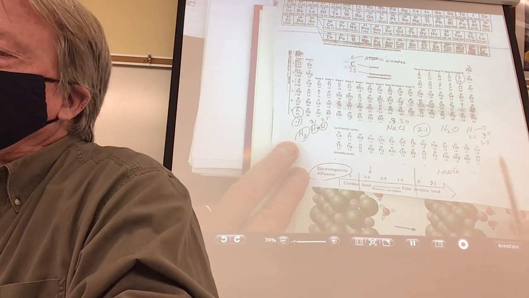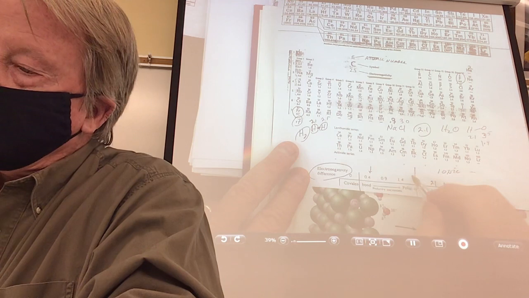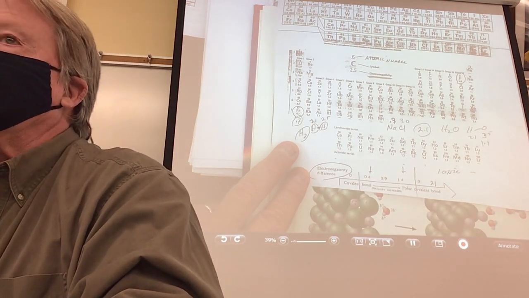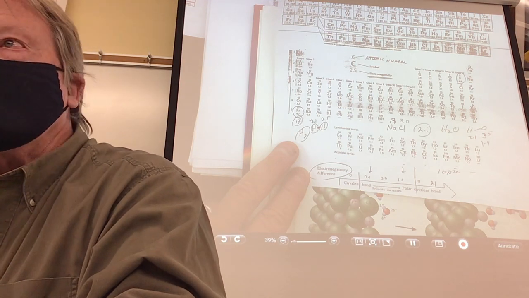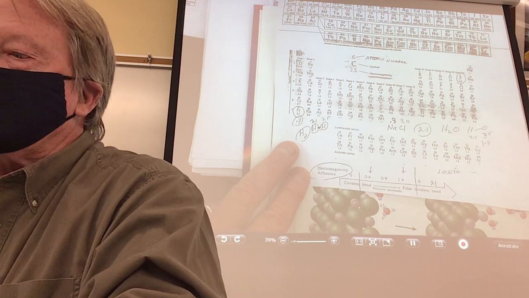Okay, 3.5. Is it a 1.4 difference? I'm up there. Now, even though in 10th grade I would have said covalent bond, wouldn't I? Now we know it's not truly covalent. It actually has tendencies.